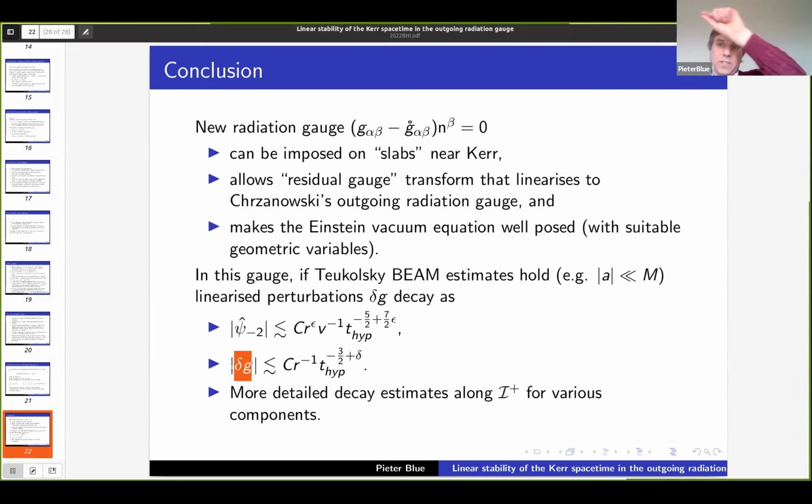And the different metric components are not living in the same regularity space, because our linear estimates are much more L infinity based rather than L2 based, right?